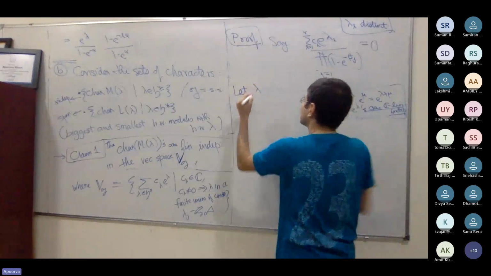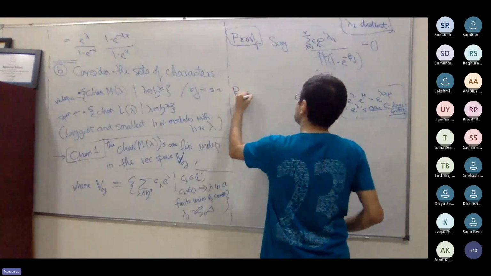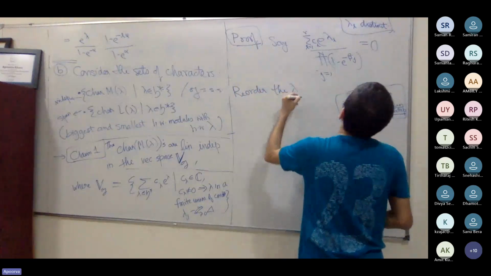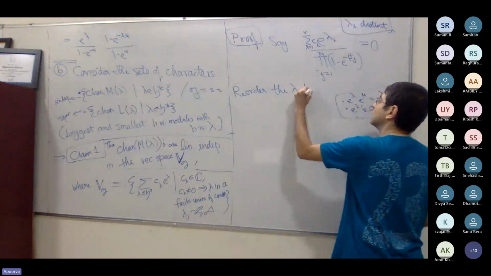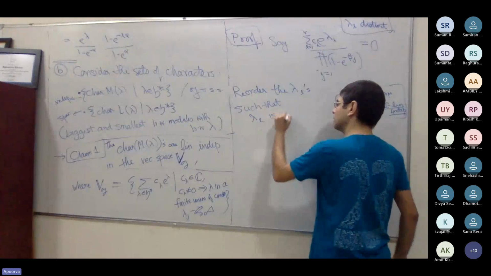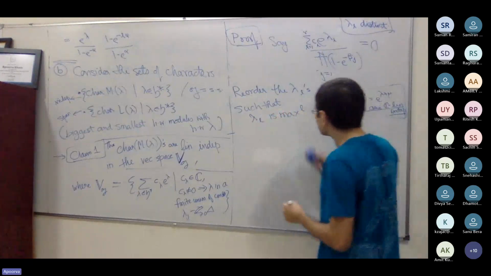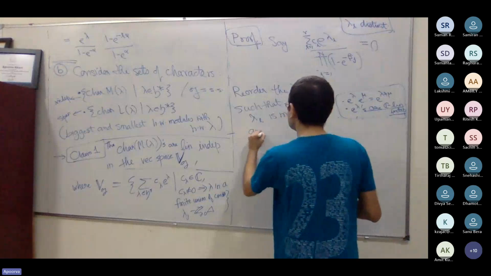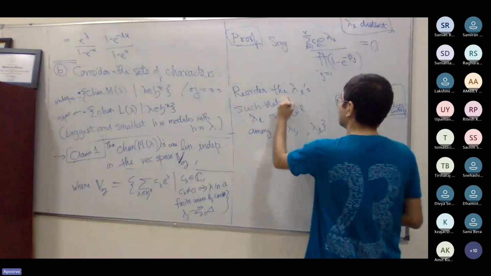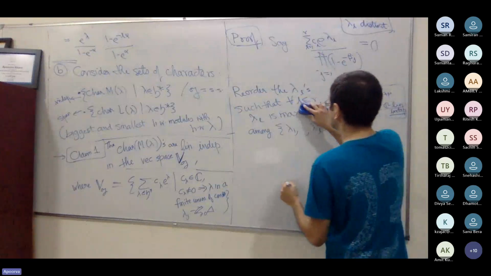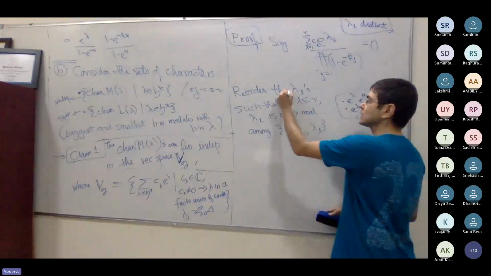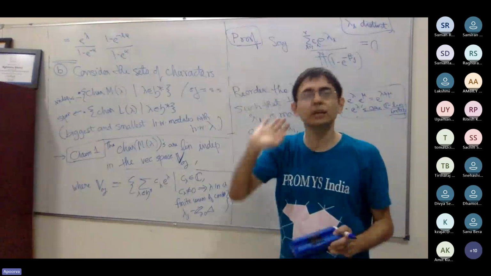Rearrange, reorder the lambda j such that lambda L is maximal among lambda 1, ..., lambda N. Reorder so that lambda R is the biggest, meaning there is nothing bigger than it.